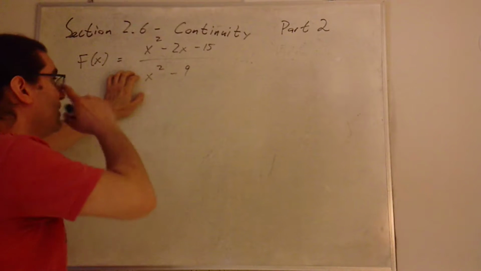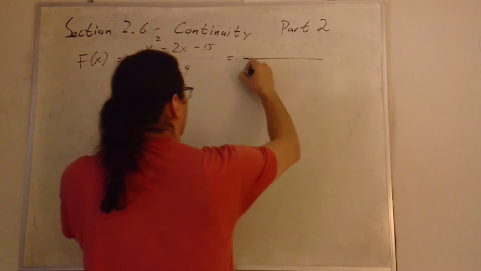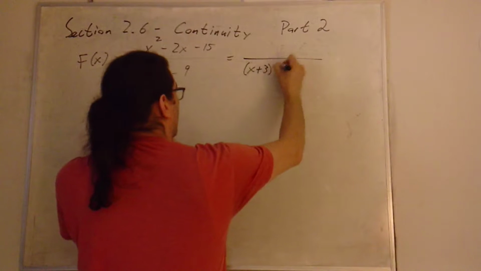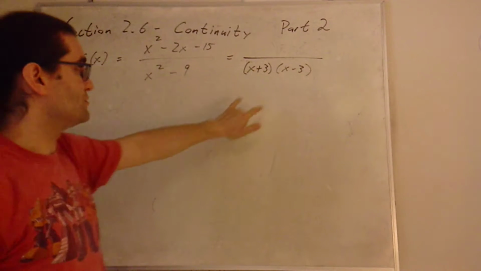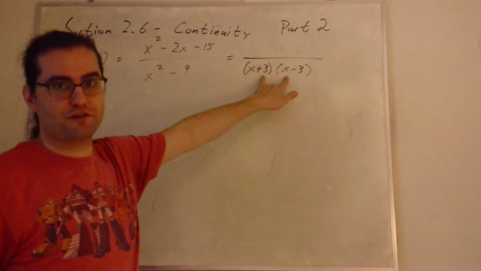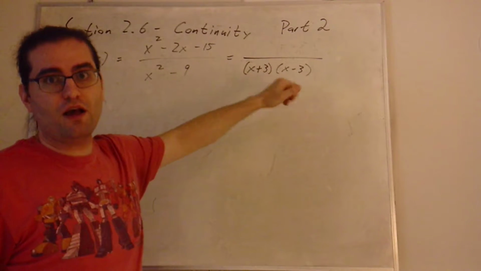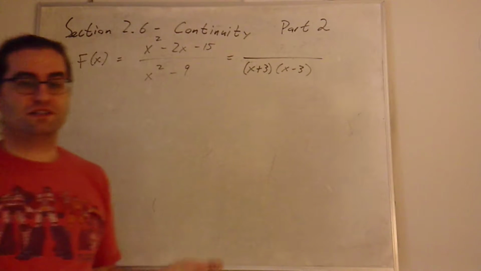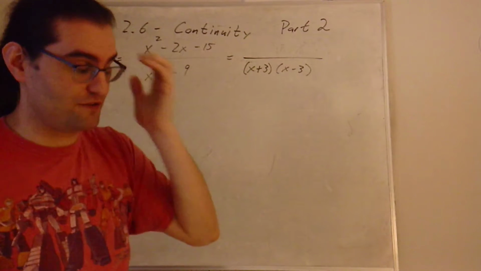I think we can probably see right away that whatever else is going on here, the bottom is going to factor into x plus 3 and x minus 3, which means that we're going to have problems, domain restrictions, at x equals 3 and x equals negative 3. And that's probably where we should be considering the continuity of this function when we have domain restrictions.